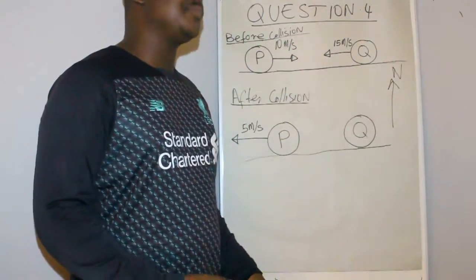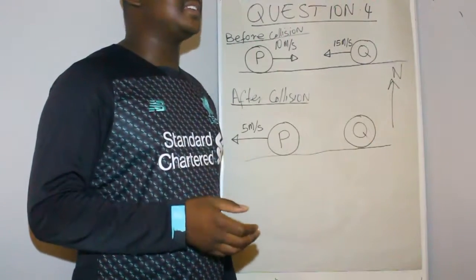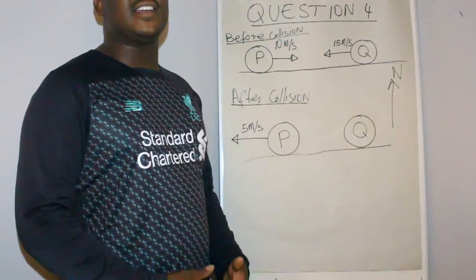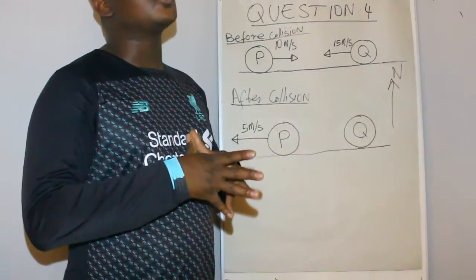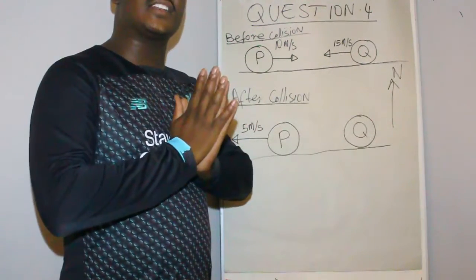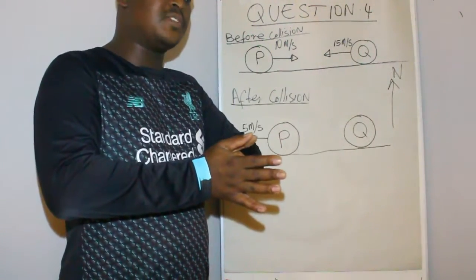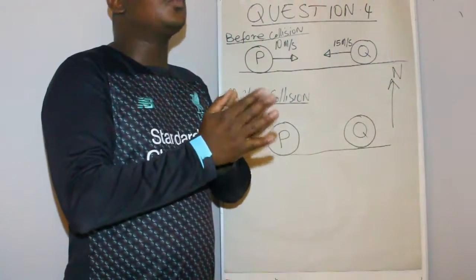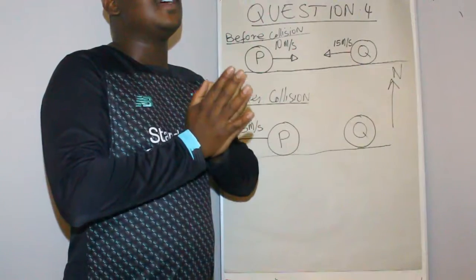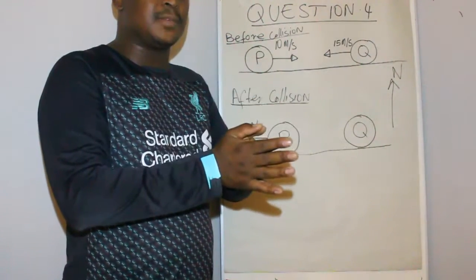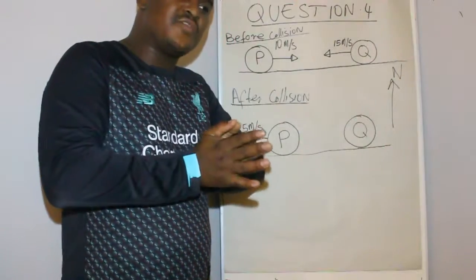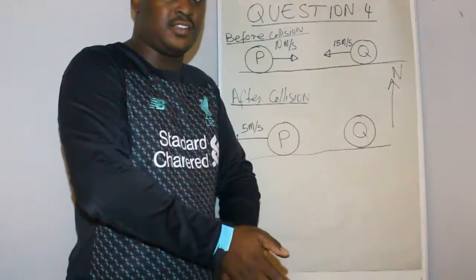But momentum is another way, and it is defined as the product of the mass of an object and its velocity. So if you want to know the momentum of an object, you simply take the product of the mass of the object and its velocity.